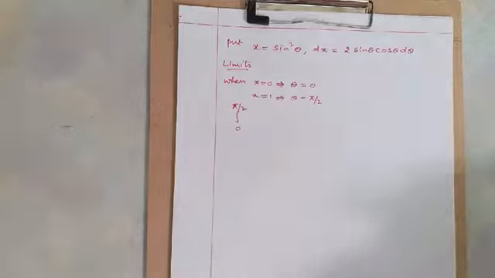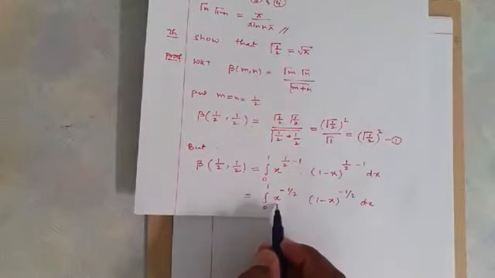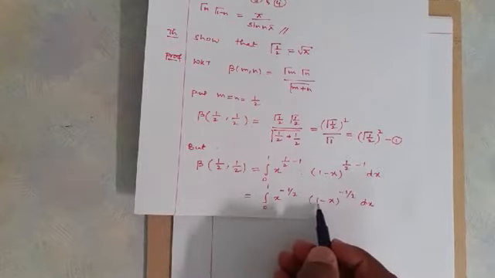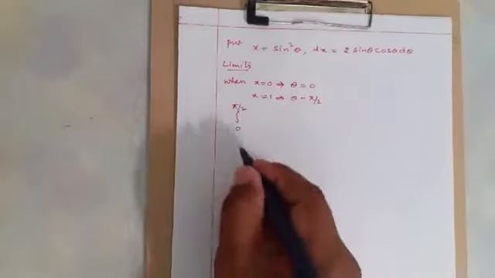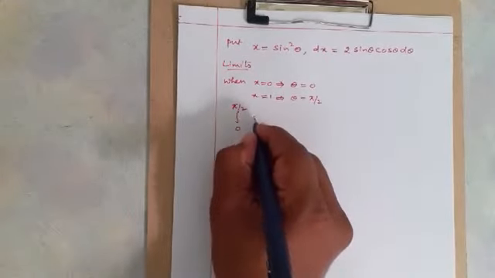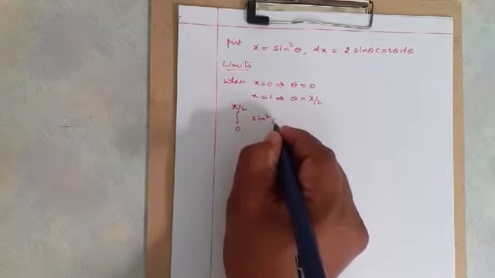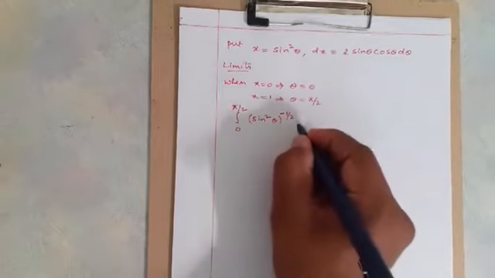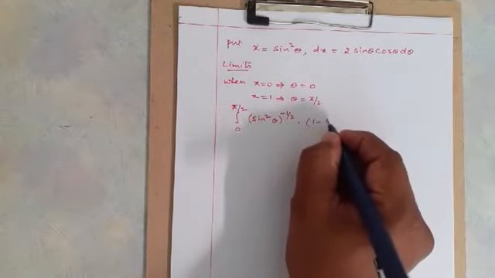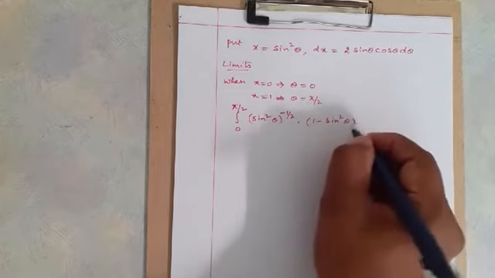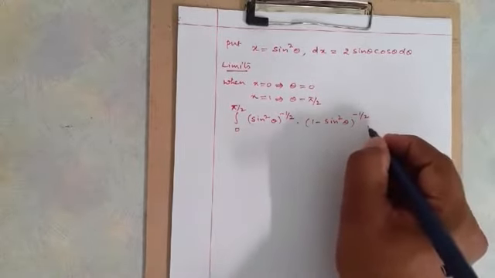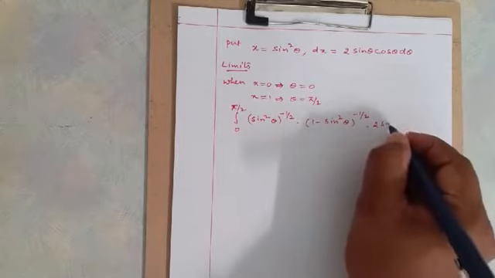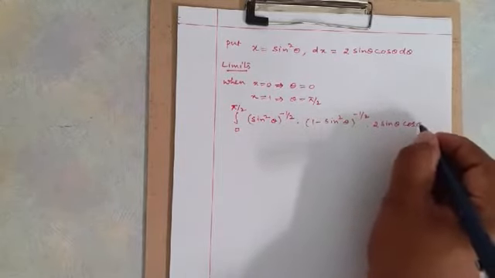In the place of x we have to write sine square theta, and in the place of 1 minus x we have to write 1 minus sine square theta. So when you write this, you get sine square theta whole power minus 1 by 2 into 1 minus sine square theta whole power minus 1 by 2. In the place of dx you have to write 2 sine theta cos theta d theta.